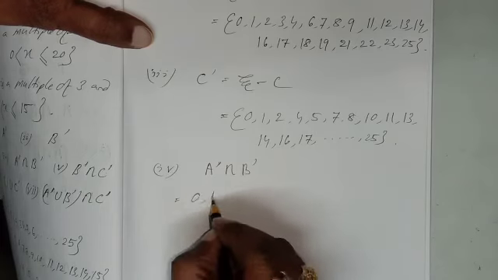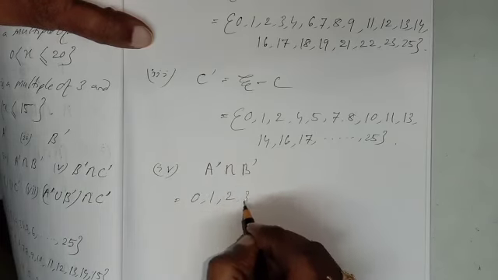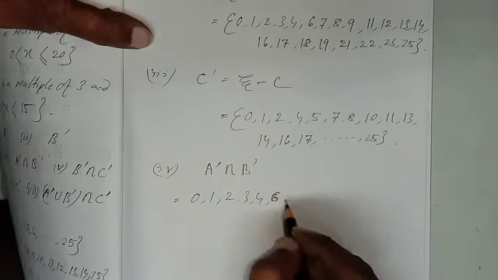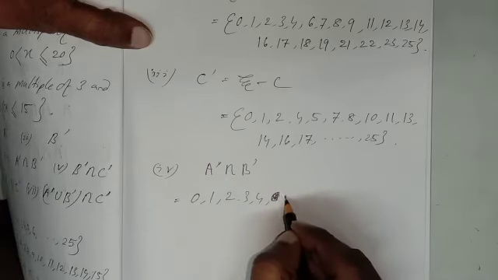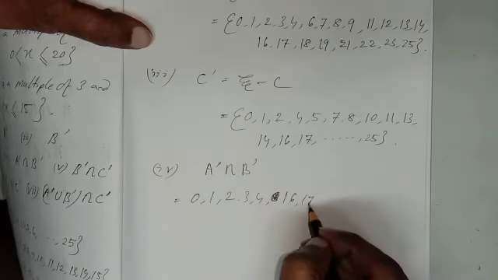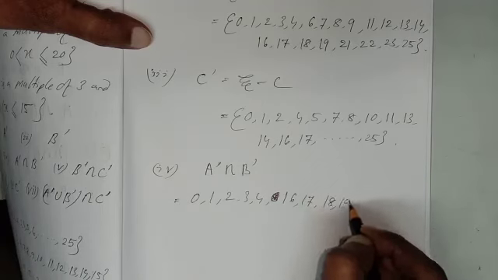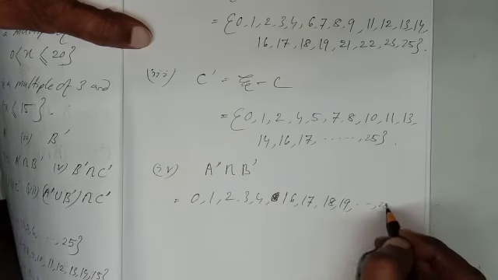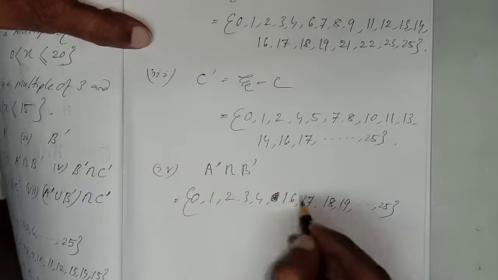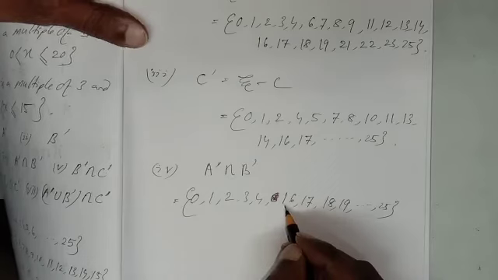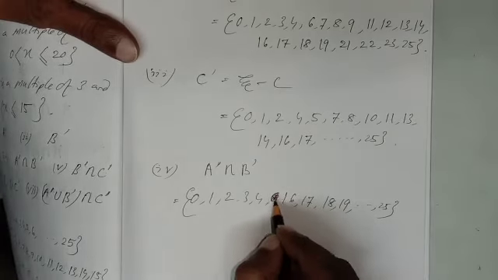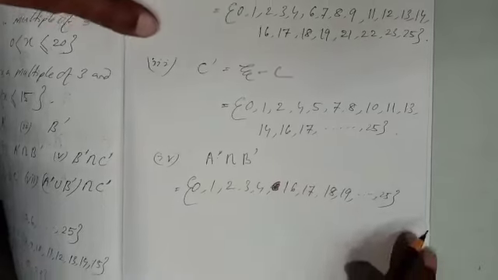That is 0, 1, 2, 3, 4, then directly 16, 17, 18, 19, up to 25, except the A set. A set means 5 to 15, means 5 to 15 not there.